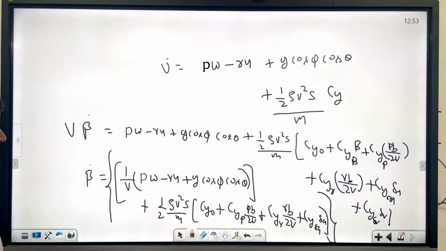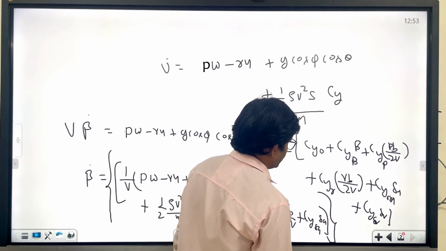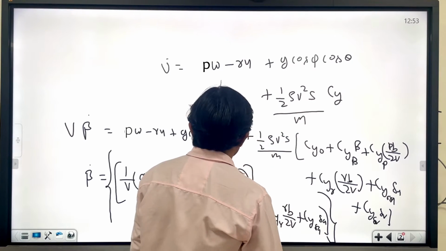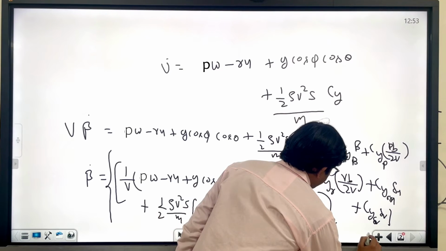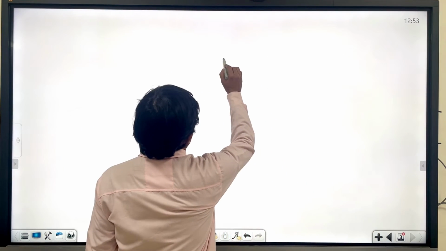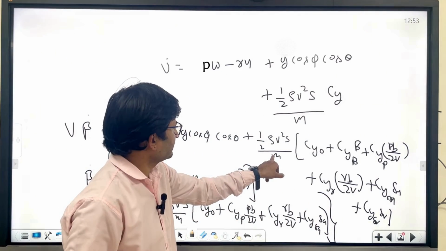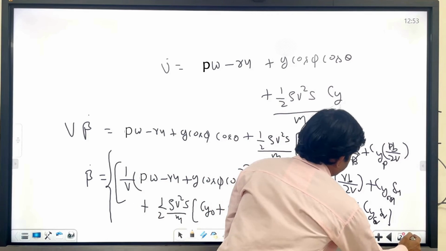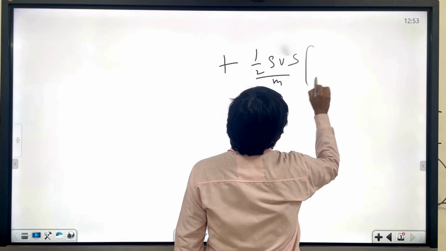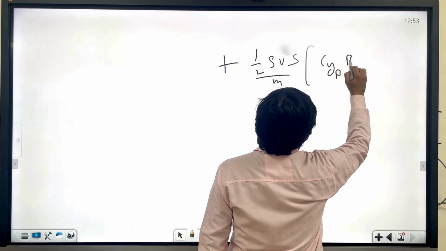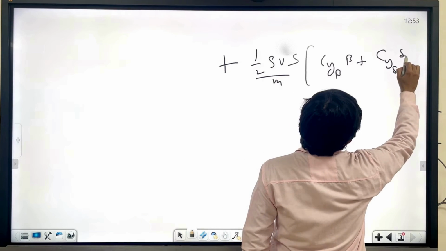And what will be the rest of the terms? This is what I can write: you just consider this part, plus the remaining part, which is half rho V S by m, Cy beta into beta plus Cy delta r into delta r.